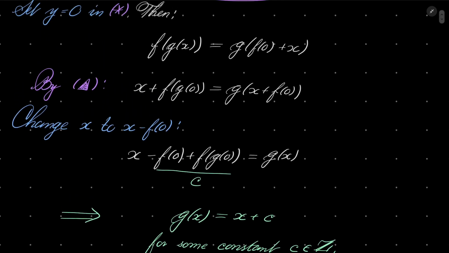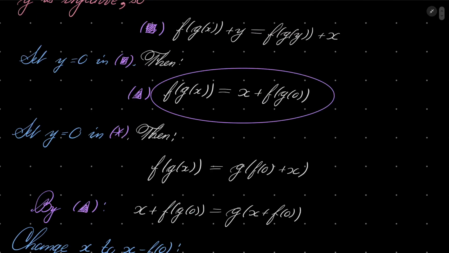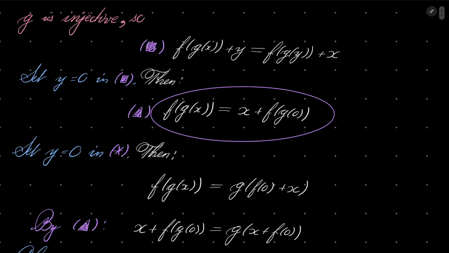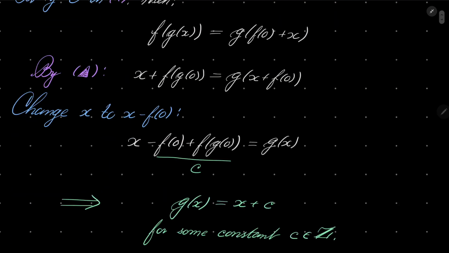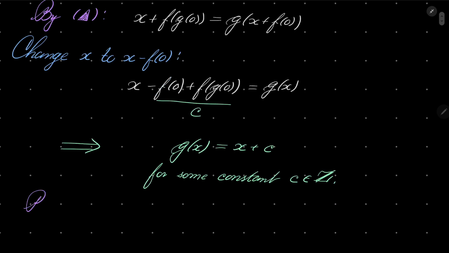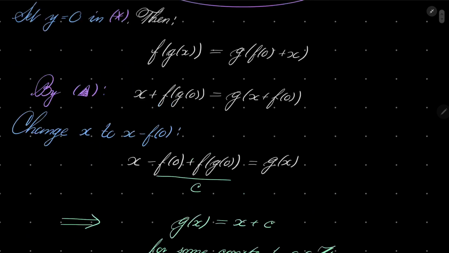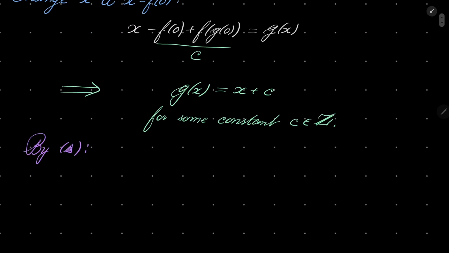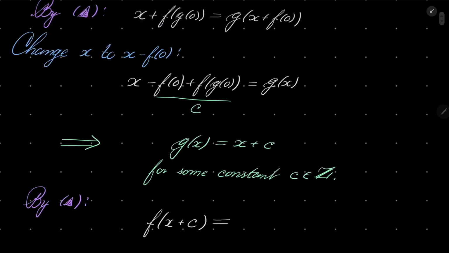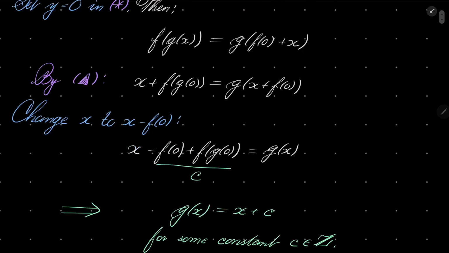Alright, so now we know the explicit formula for one of our functions, and how can we find f of x? Well, f of x can be found using, once again, our condition triangle. By our condition triangle, we can now see that f of x plus c equals x plus f of g of 0.